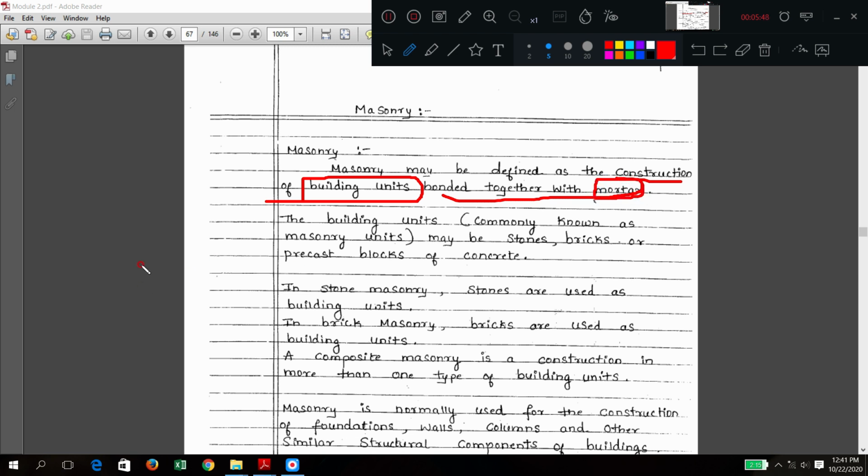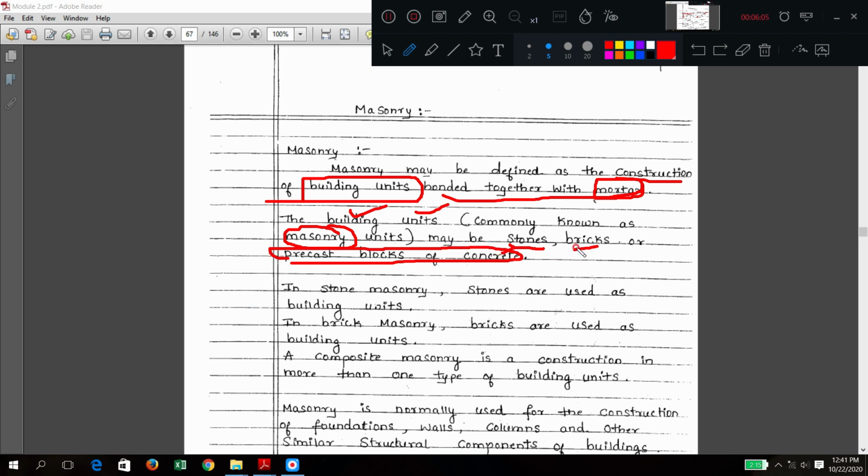What are the building units? Generally we call them masonry units. What are these units? Maybe stones, maybe bricks, maybe precast blocks of concrete.